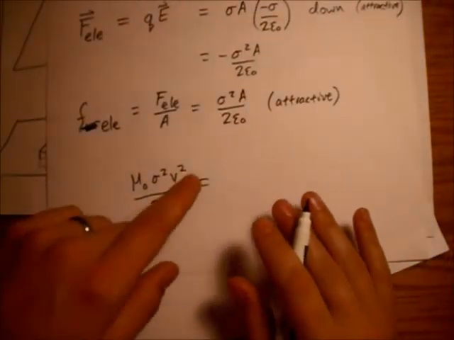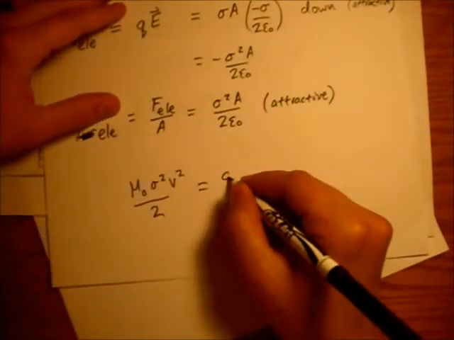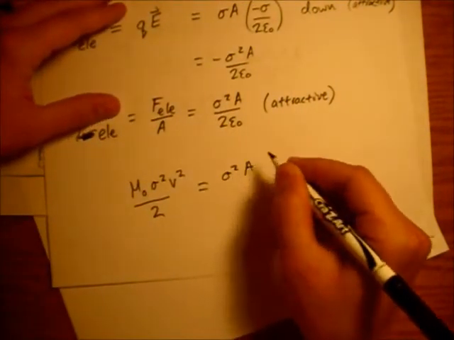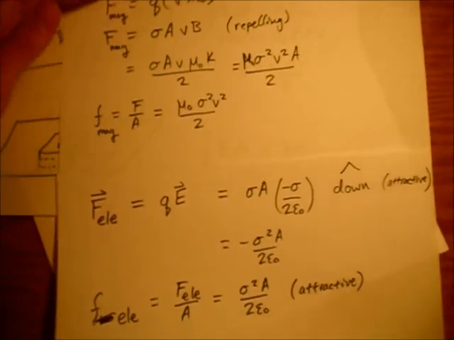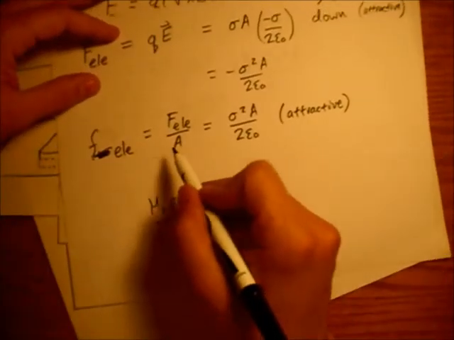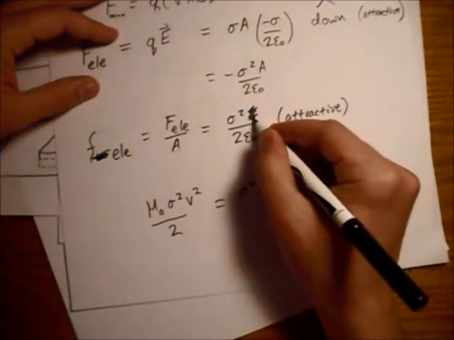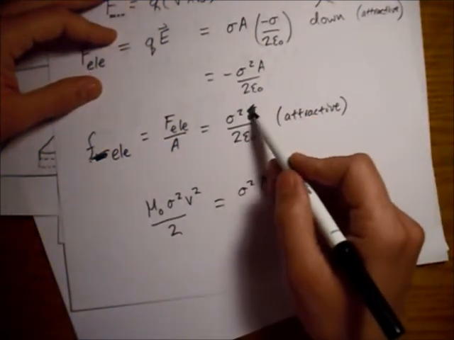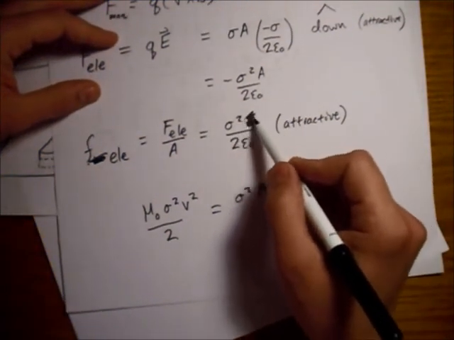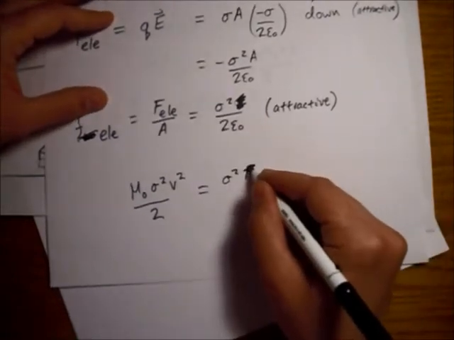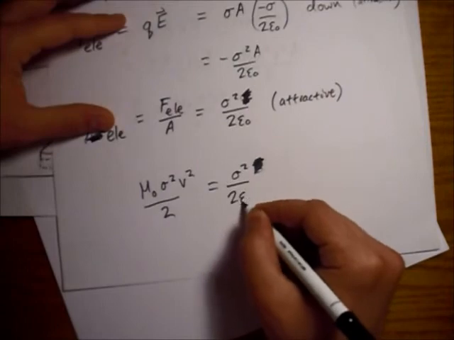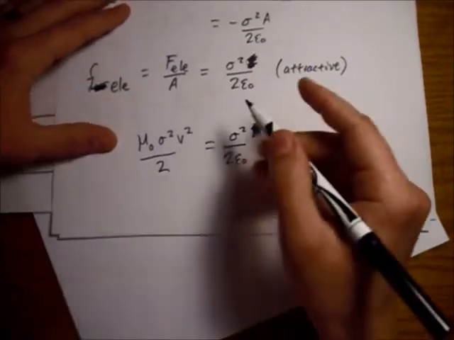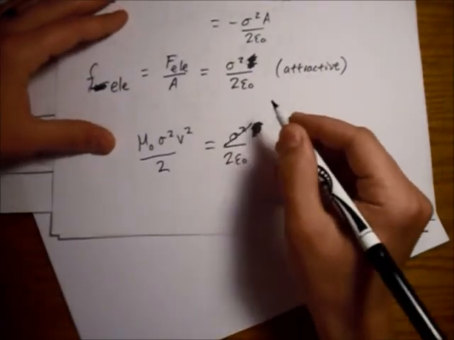And now the electric one, sigma squared A. Did I leave off an A? Oh, wow, lots of mistakes today. I forgot to divide by A. I divided the A out of this. There should be no A here. It's supposed to go away. Over 2 epsilon naught.